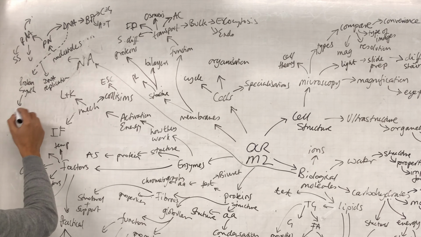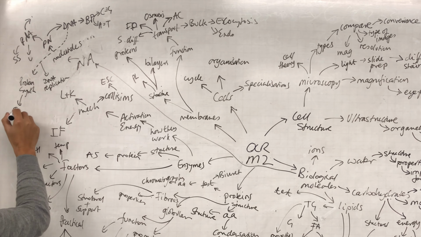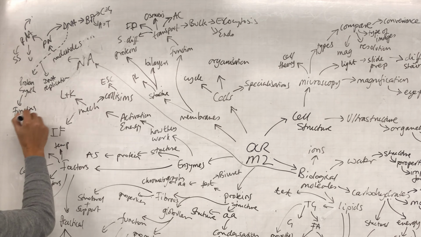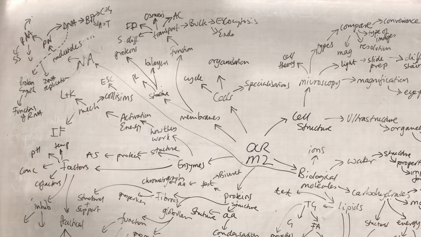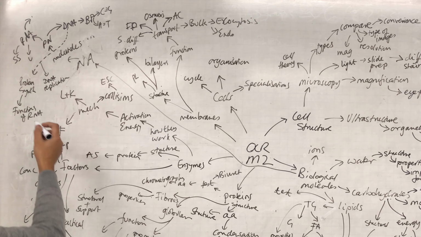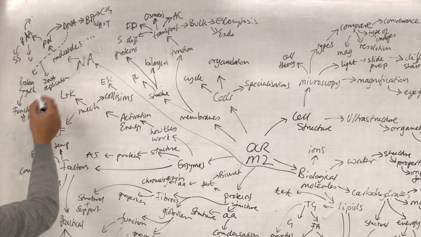So in protein synthesis, we have the functions of RNA, being messenger RNA, being transfer RNA, being in the ribosomes that carry out translation. Okay, so we need to discuss those protein synthetic processes as well.